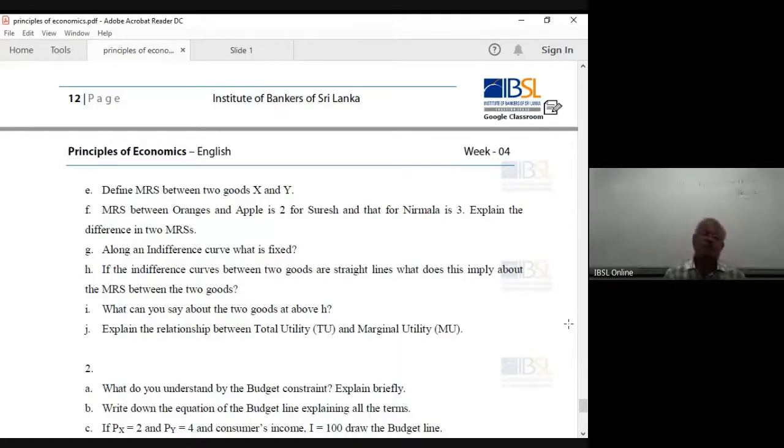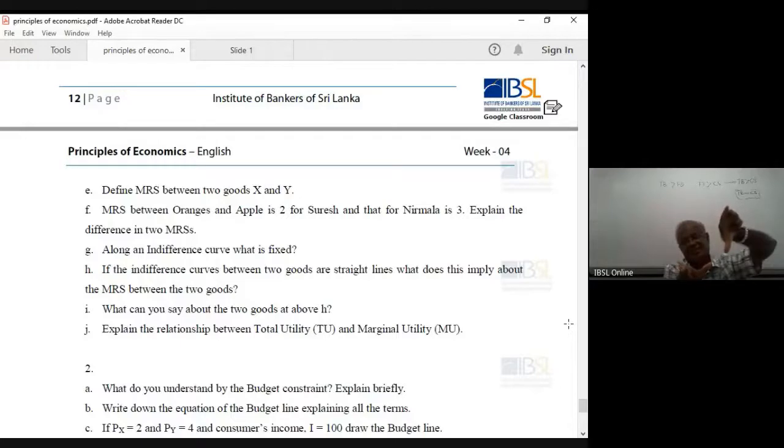What does this 2 mean? Suresh is willing to give up 2 oranges to get 1 apple, because of his preference. But Nirmala is willing to give up 3 oranges to get 1 apple.